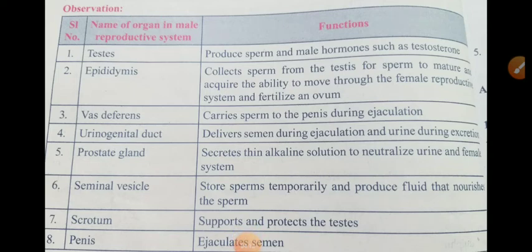We can see first the name of the organ in the male reproductive system and what the functions are. First is the testes. It produces sperm and male hormones such as testosterone. Second is the epididymis, which collects the sperm from the testes for the sperm to mature, and they acquire the ability to move through the female reproductive system and fertilize an ovum.